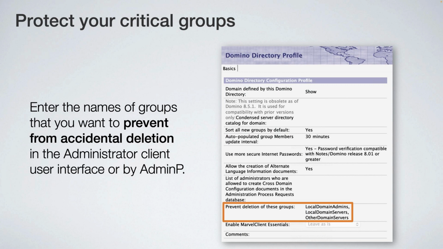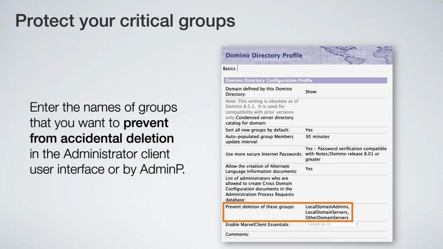For configuration in the Domino directory, you have groups, and sometimes by accident some admin, you or your fellow admins, can delete some group by accident. Either they think that it is no longer needed, or they overlook that there are multiple groups with a similar name, and they delete the wrong one and such.